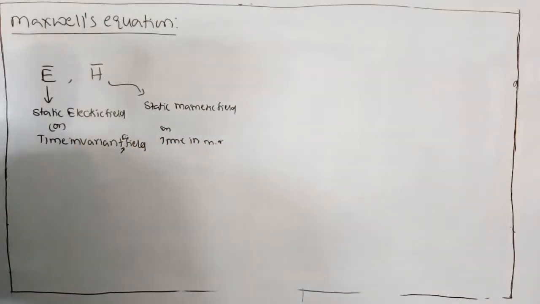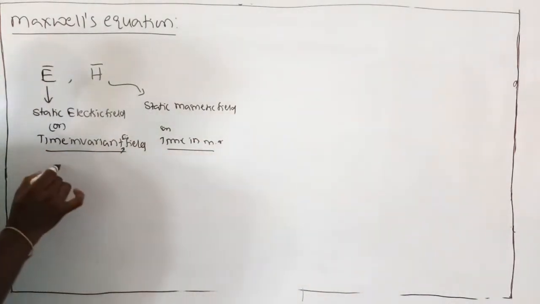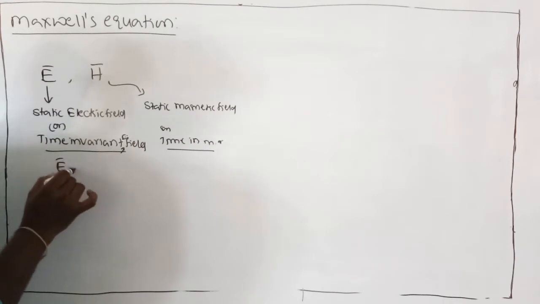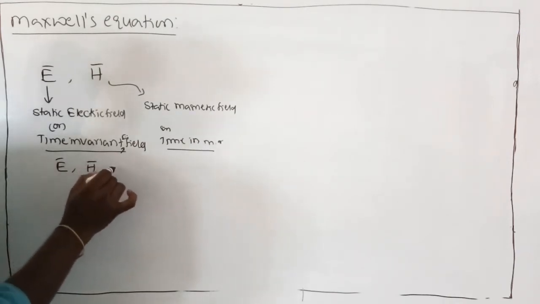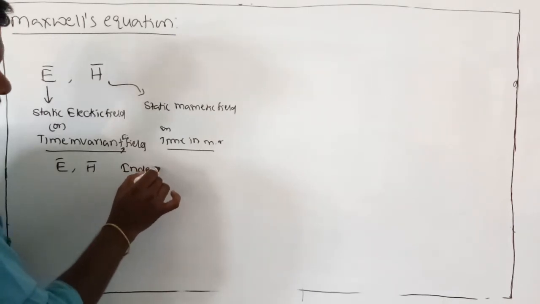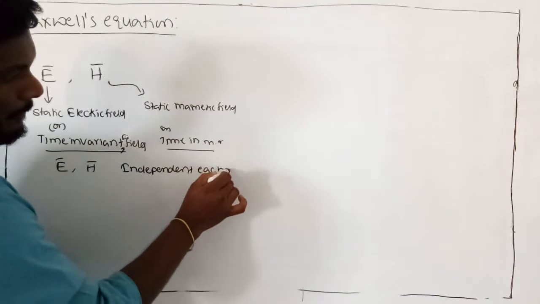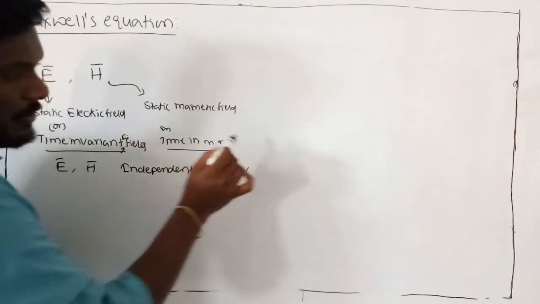Now in time invariant fields, TIF, the electric field intensity and magnetic field intensity are independent of each other.